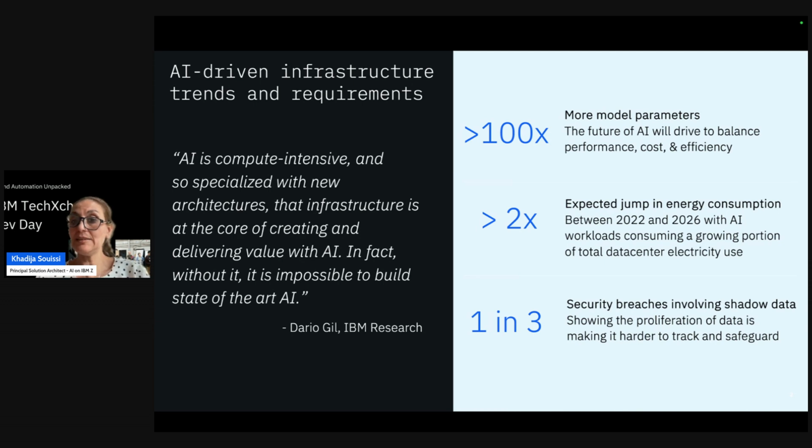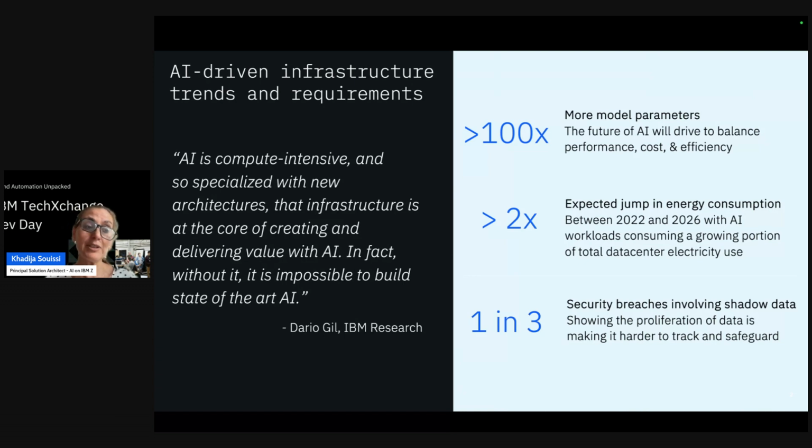The GPUs needed for generative AI need a lot of energy, which means more electricity consumption, and it also has an impact on sustainability aspects. And in terms of security, 1 in 3 security breaches involve shadow data, showing the proliferation of data is making it harder to track and safeguard.